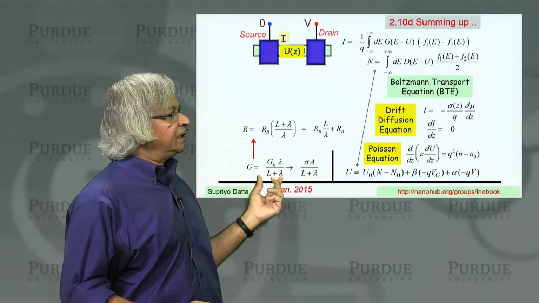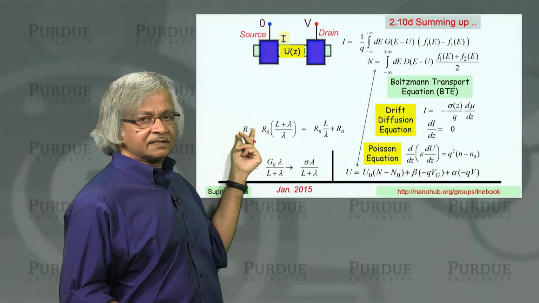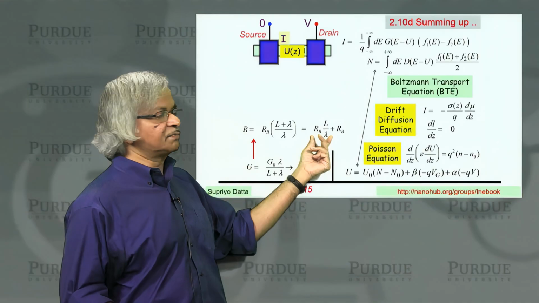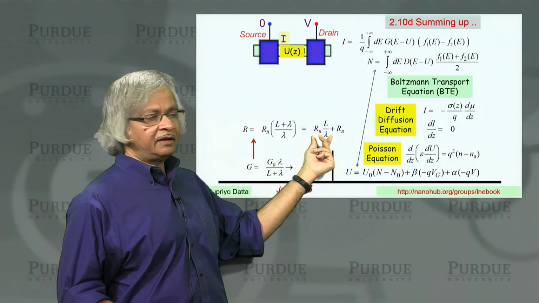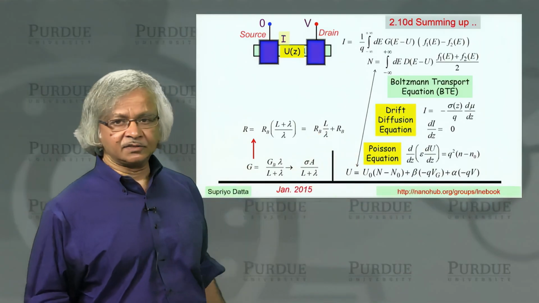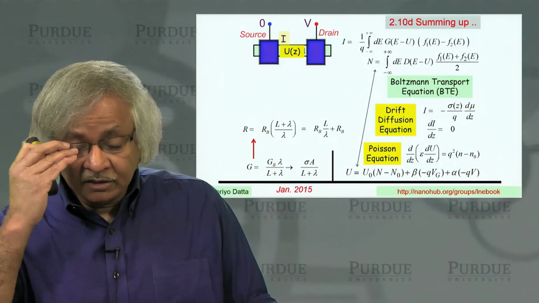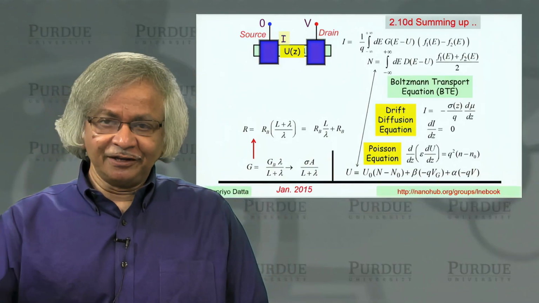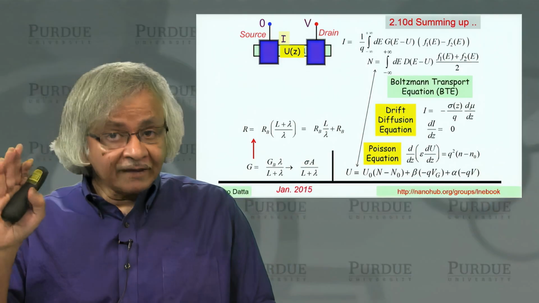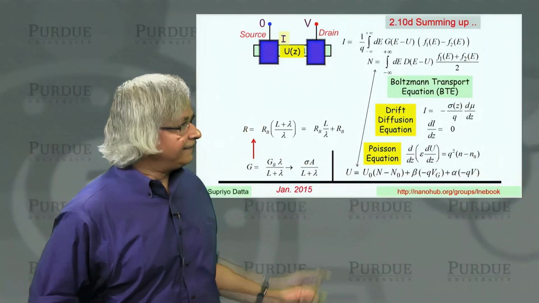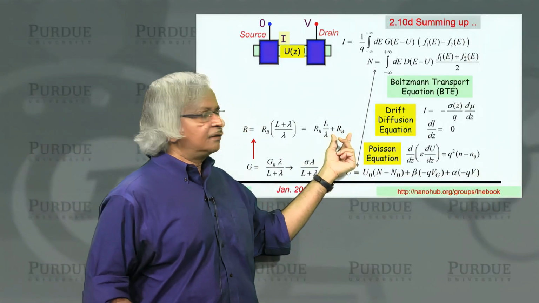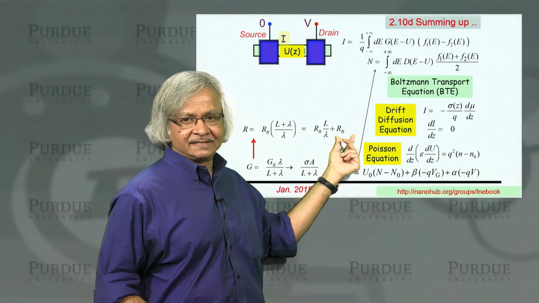And if you invert this, you could write the resistance as a part that is proportional to the length and a part that is constant. That's this ballistic resistance. So that we have done in the last 2 units, in this unit and the previous one. What we haven't talked about, though, is the origin of this ballistic resistance.